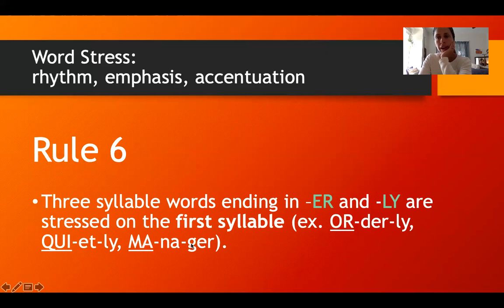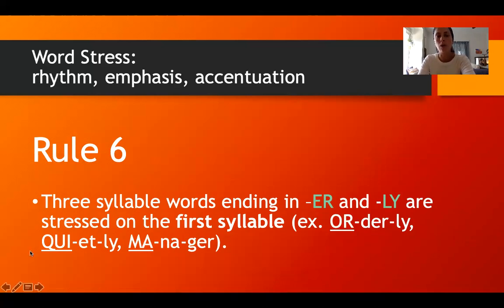Manager is a noun. And so we stress this first syllable, and we also stress the first syllable of nouns with 2 syllables, don't we? So for most nouns, we actually stress that first syllable, unless there are lots and lots and lots of syllables in them.